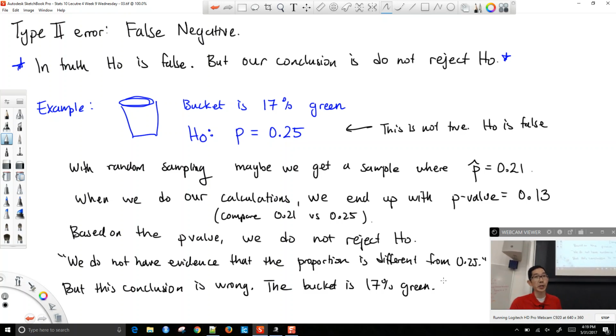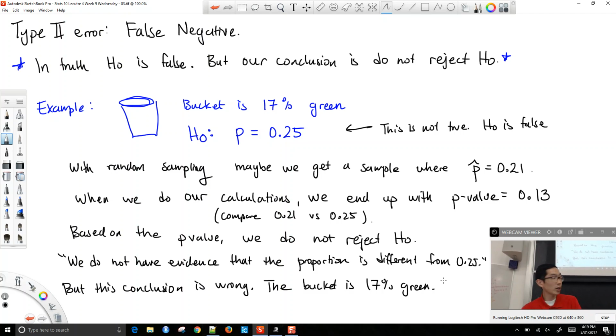That's a type 2 error. That's the false negative. We did not reject the null, but the null is false and should have been rejected. Okay, type 1 error and type 2 error. Conceptually, are these okay?